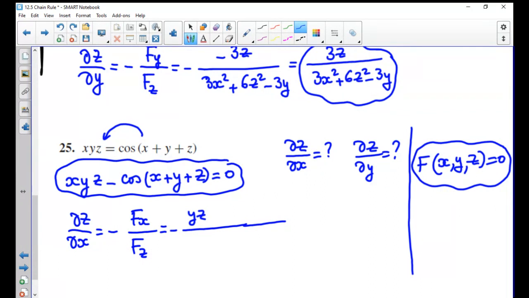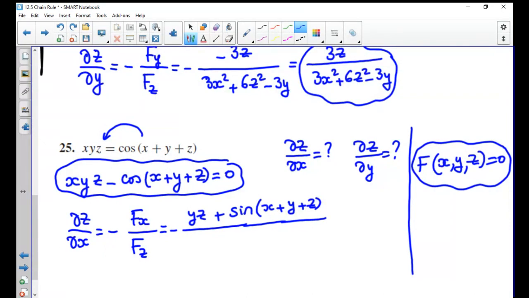Yes, it's going to be plus sine of x plus y plus z. Normally you need to multiply by the derivative of the inside, but the derivative of x plus y plus z with respect to x is 1, so there's no need to write anything there.